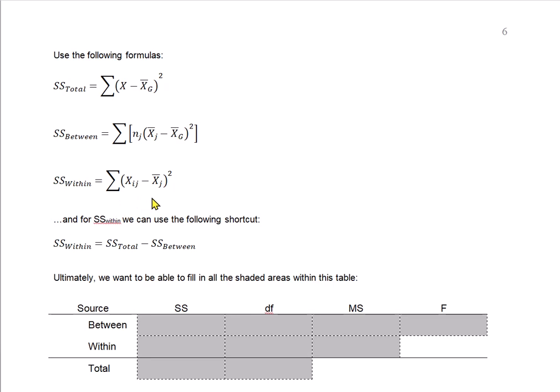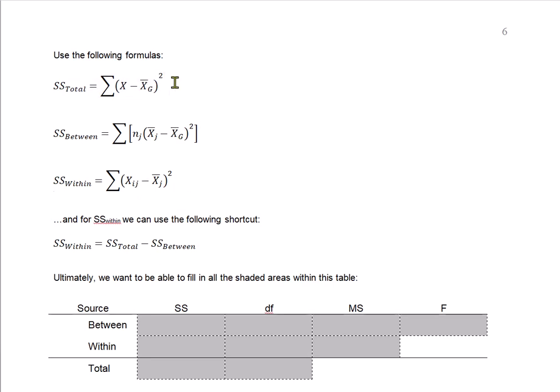But we can skip this part. We don't really have to do this because if you have any 2 of these, you can easily find the third one. The total sum of squares is divided into the between groups and the within groups. In other words, the total amount of variability gets chopped up: part of it goes into the within sum of squares, part of it goes into the between.